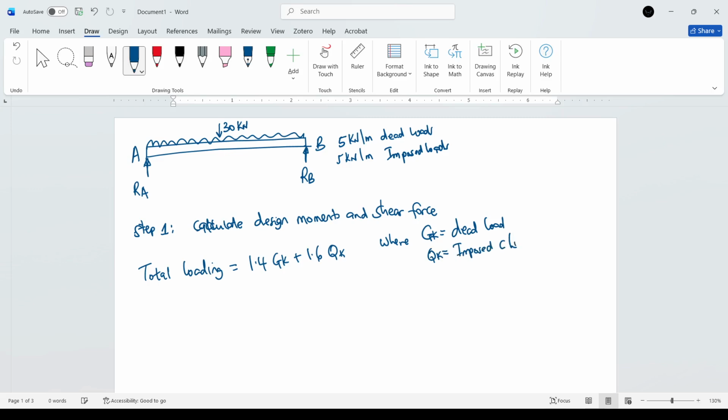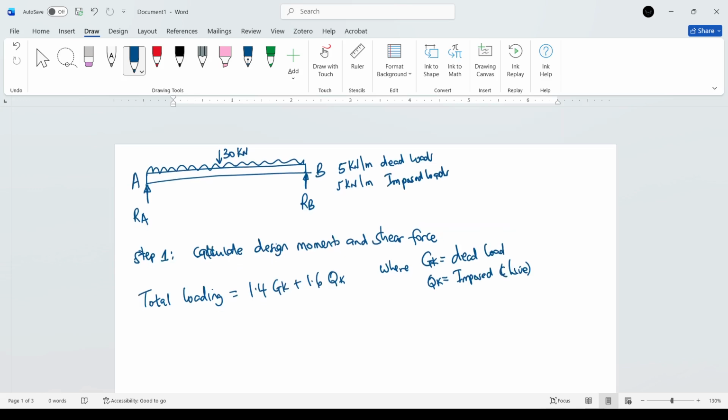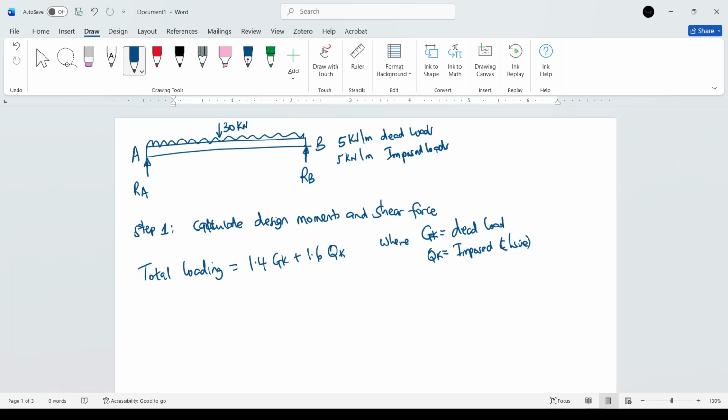Imposed can also be called live load. Okay, so what would be the total loading? 1.4 into dead loads. What dead loads do we have? This 30 kilonewtons is imposed, right? Yes.